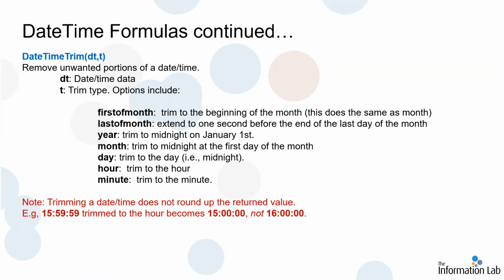So one thing to note with this DateTime trim function is that it doesn't round up the value that it returns. So for example, you can see in this red text at the bottom, if you had 3:59:59 and trimmed it to the hour, it rolls it back to 3 o'clock, not 4 o'clock. So it rolls it back to the earlier hour.